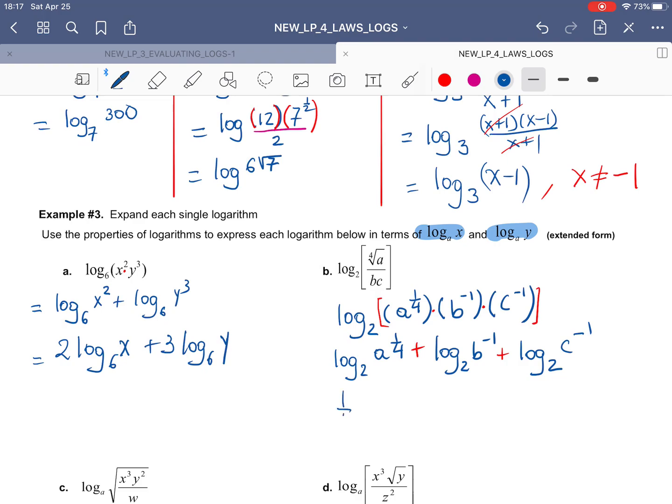So we have 1/4, so we're applying the powers now in every term. So let me highlight them very quickly for you. So we have one power here, and a power here, right? And 1/4 log with base 2 of a minus log with base 2 of b minus log with base 2 of c.